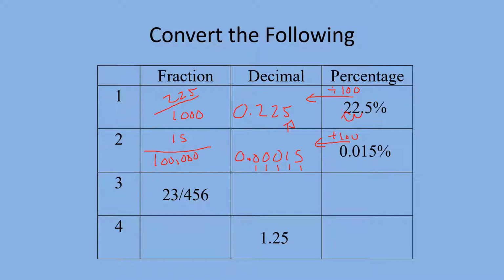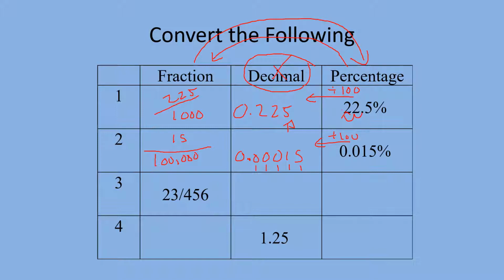Alright, couple more to go for our review of fractions, decimal, percentages. Just remember, anytime I tell you to give me a percentage from a fraction or a fraction from a percentage, make sure you don't skip the decimal.